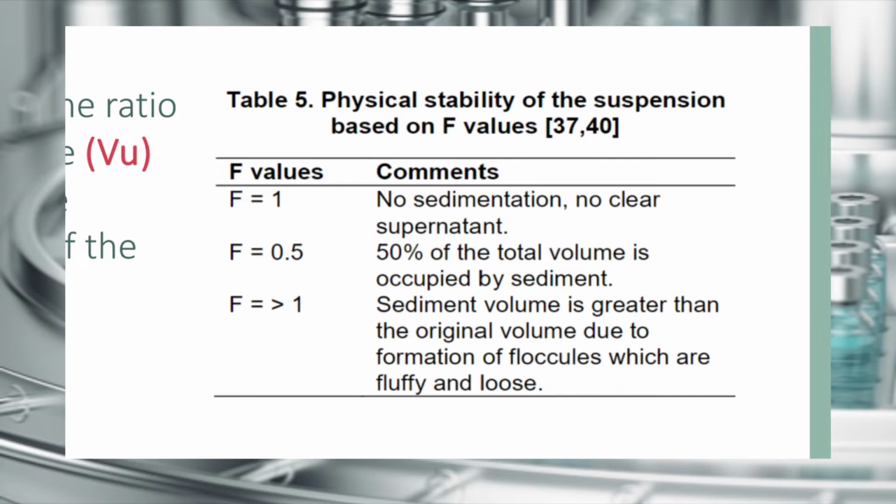As we can see in the table, if the F value equals 1, that means no sedimentation and no clear supernatant. If the F value equals 0.5, that means 50% of the total volume is occupied by sediment. And if the F value is greater than 1, the sediment volume is greater than the original volume due to formation of floccules which are fluffy and loose.